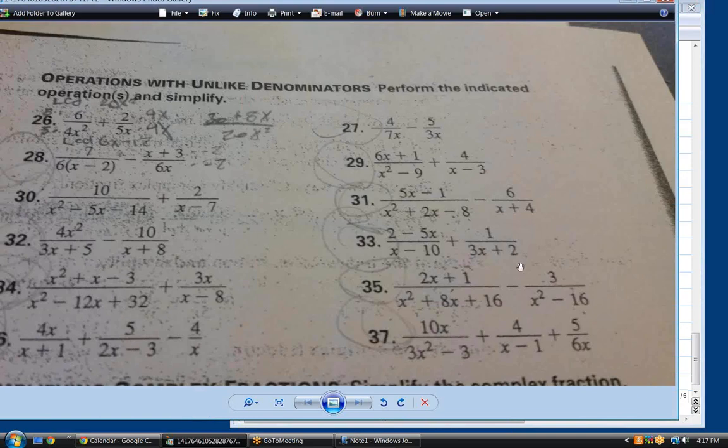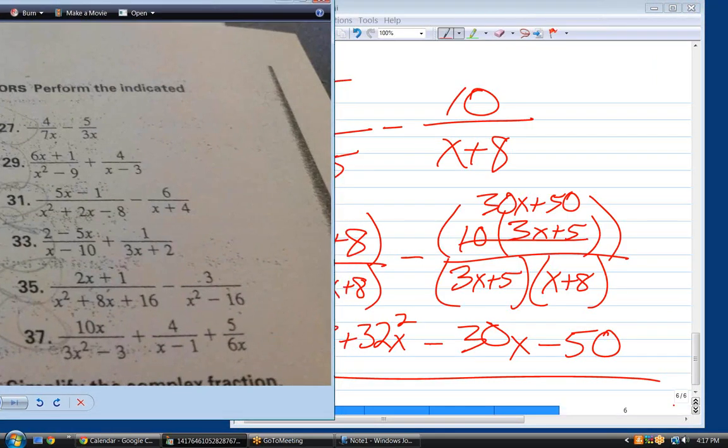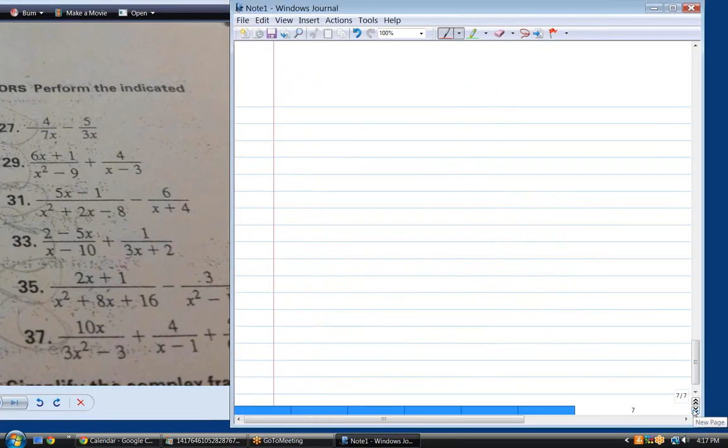See, that was 32. Yeah, let's do 33. I don't need to rewrite it. Tell me what a common denominator is going to be. It would just be the multiples of each of them.